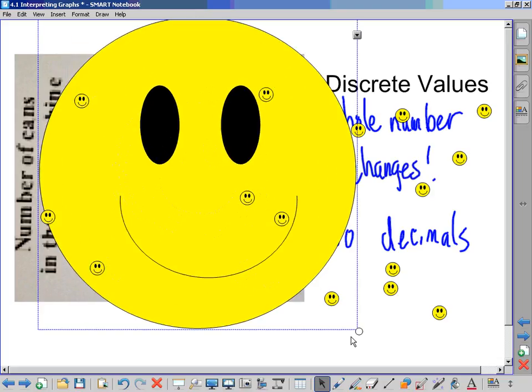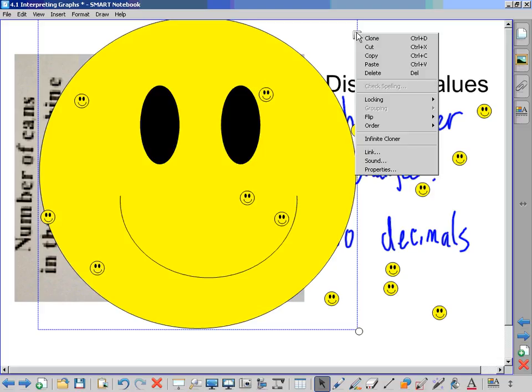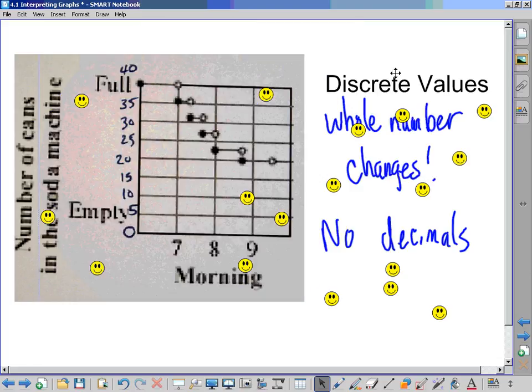Continuous. At some point, that smiley face had a radius of 1 inch. Then it had a radius of 1.3 inches. Then it had a radius of 5.5 inches, right? It covered all the fractions and decimals along the way. That's called continuous. And the graph that they had above was continuous. Wow, that's a large smiley face, Philippe.